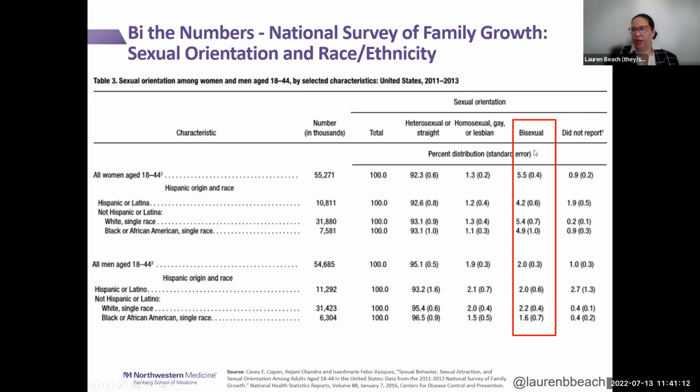But what we can see here is that from studies using 2011 through 2013 data in the National Survey of Family Growth among people 18 to 44, 5.5% of women and 2% of men identified as bisexual. And you actually see, in contrast to the Gallup data and some of the data from communities, that white individuals were more likely to identify as bisexual than people of other races or ethnicities.